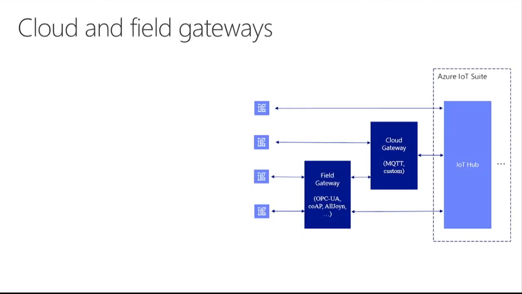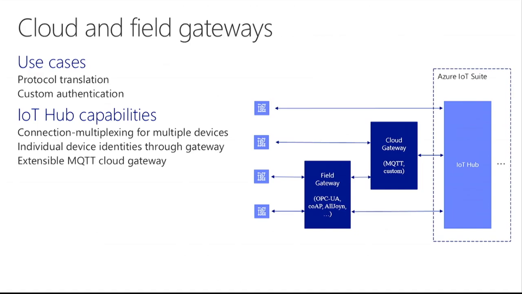Let's now talk about cloud and field gateways. The use cases for cloud and field gateways are mostly protocol translation or custom authentication. This is, of course, besides some specific application logic that you want to perform on the field in your field gateway.